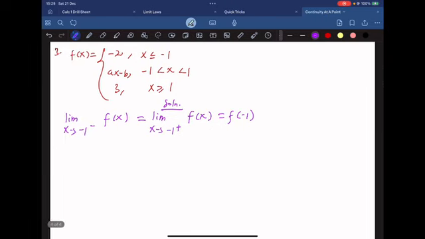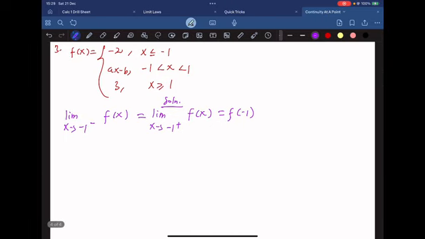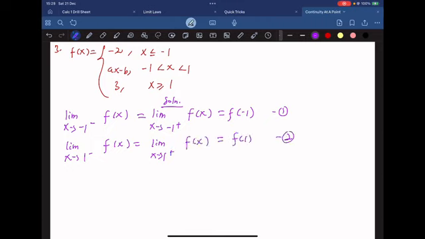So this is equation 1. For the second equation, we can have limit as x approaches the second value, which is 1 in this case, from the left, and now 1 from the right of f of x, and this should be equal to f of 1. And we can name this equation 2.